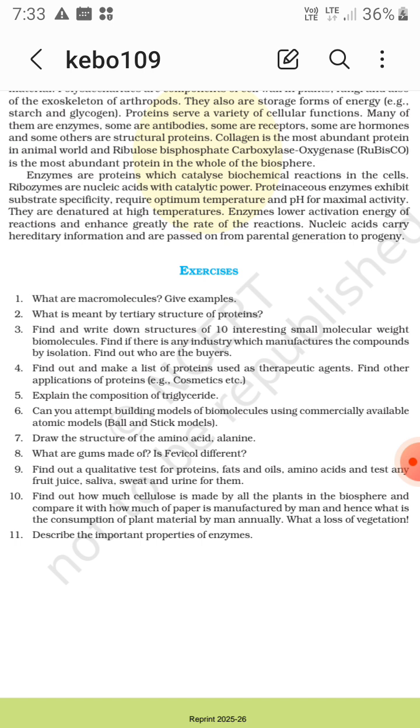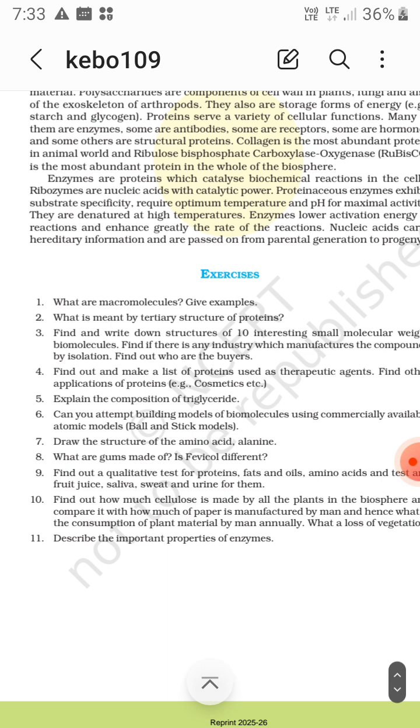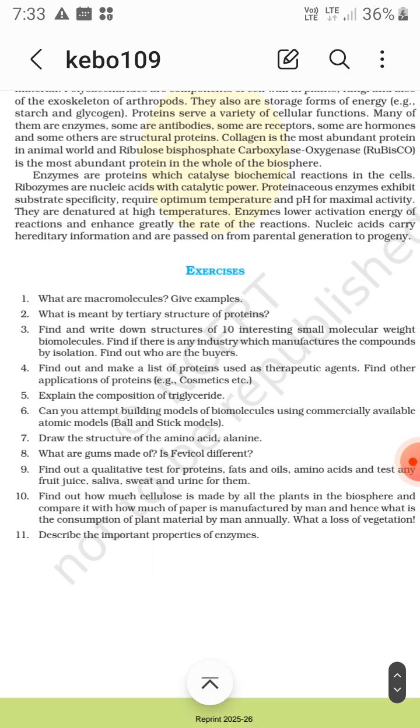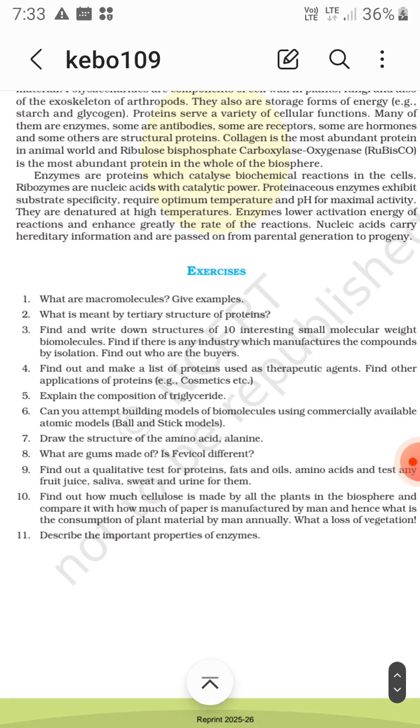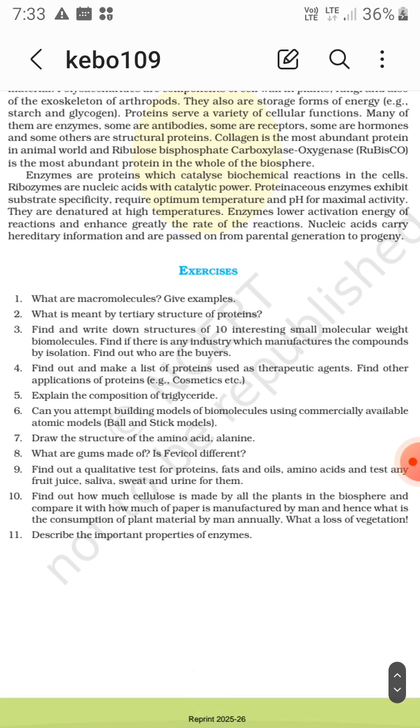Enzymes lower the activation energy of reactions and enhance greatly the rate of the reactions.